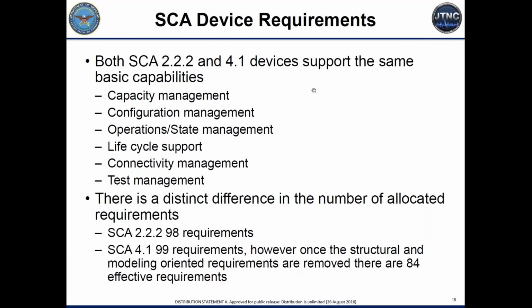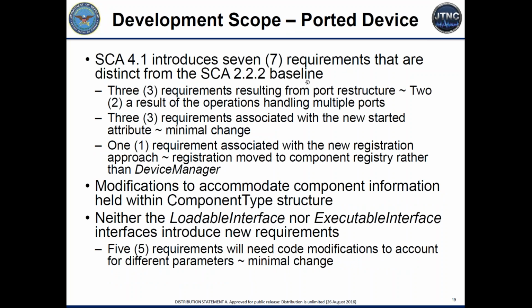Devices are the same, have the same core functions going across versions, and again, you'll see that there is a reduction of the number of allocated requirements for a 4.1 device component as opposed to a device component that existed within 222.